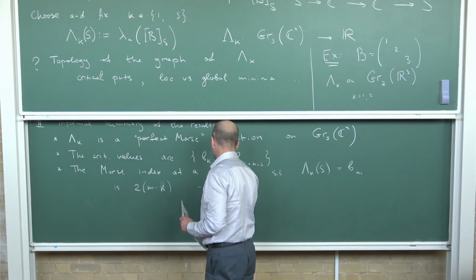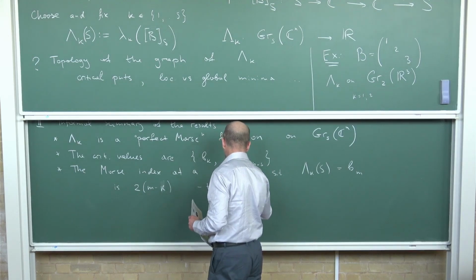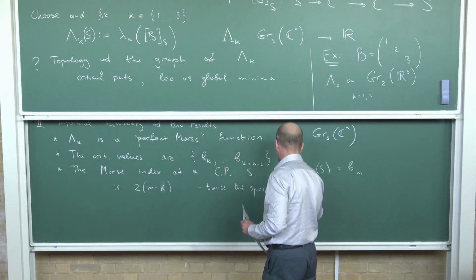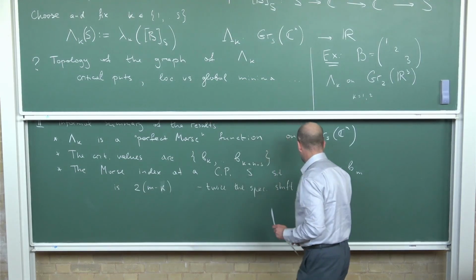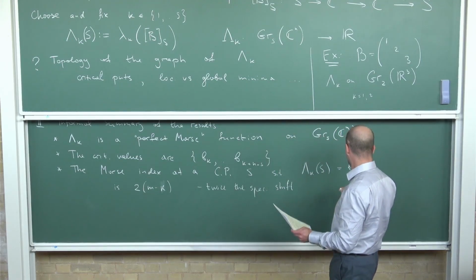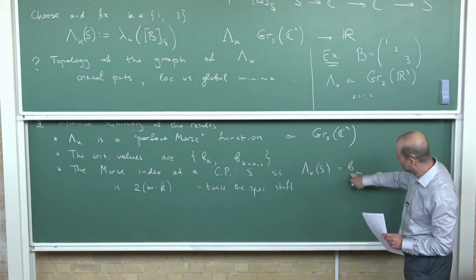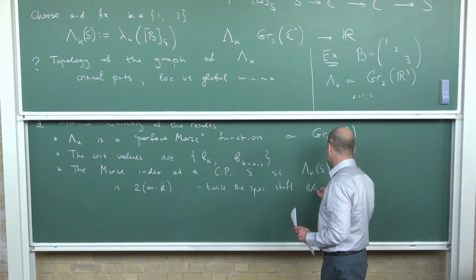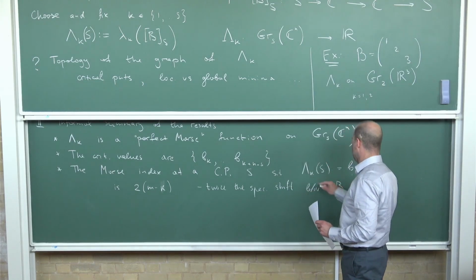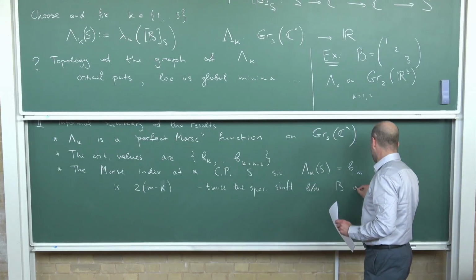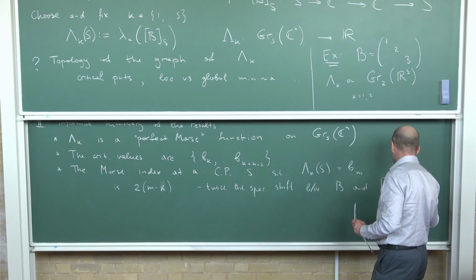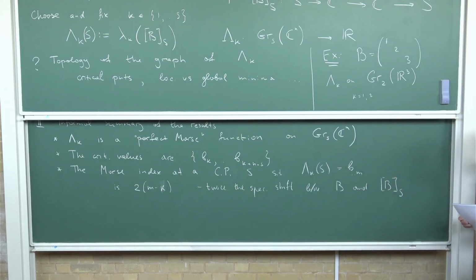So this is twice the spectral shift. Basically, this was an eigenvalue of B, and now it's an eigenvalue of this chopped up, restricted B_S.